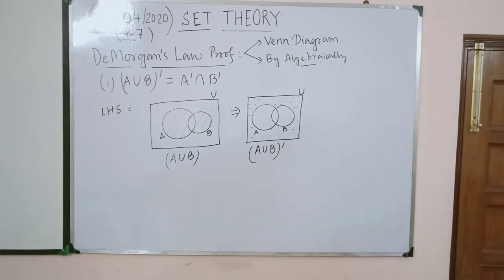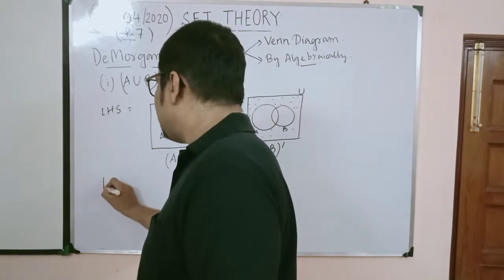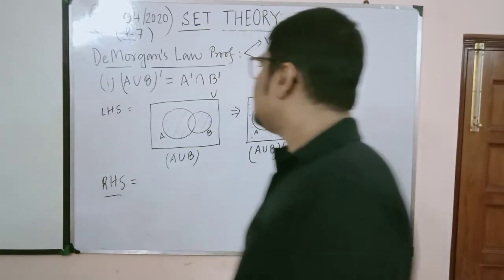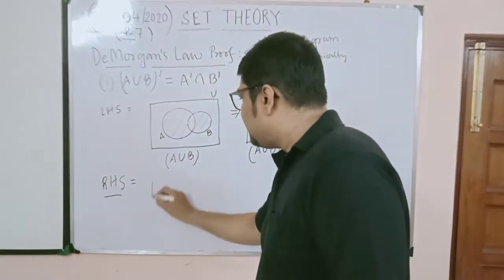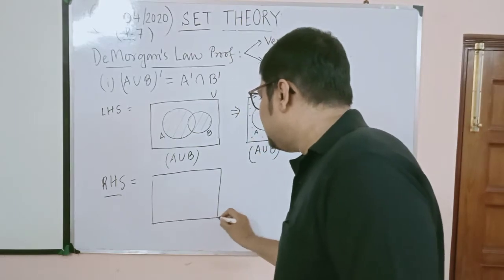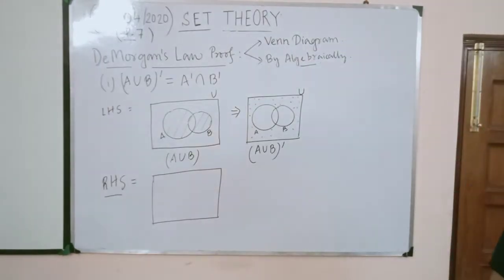Now the right side we will try to draw. The left hand side we have drawn, the right hand side we will draw. One thing, while drawing the Venn diagram, always retain similar shapes of the circles.